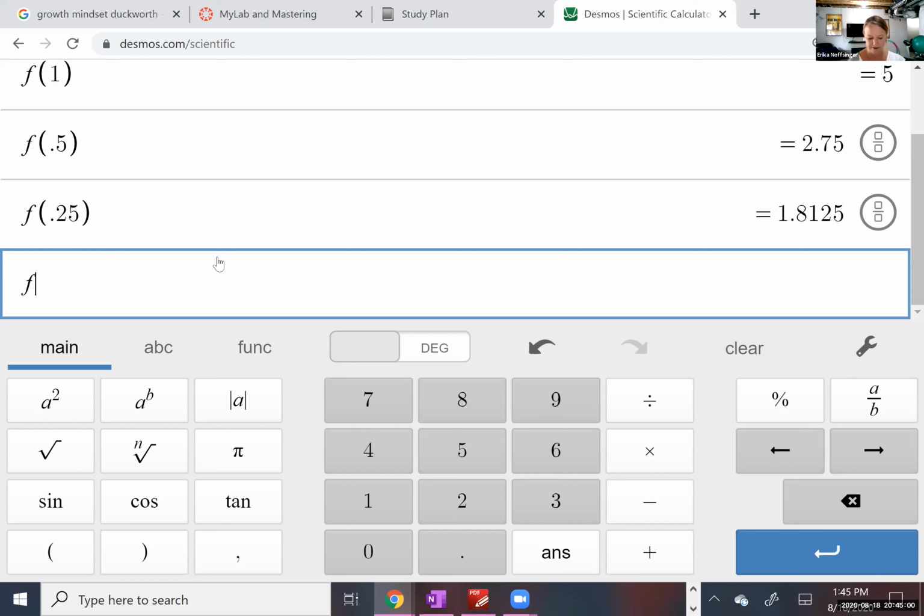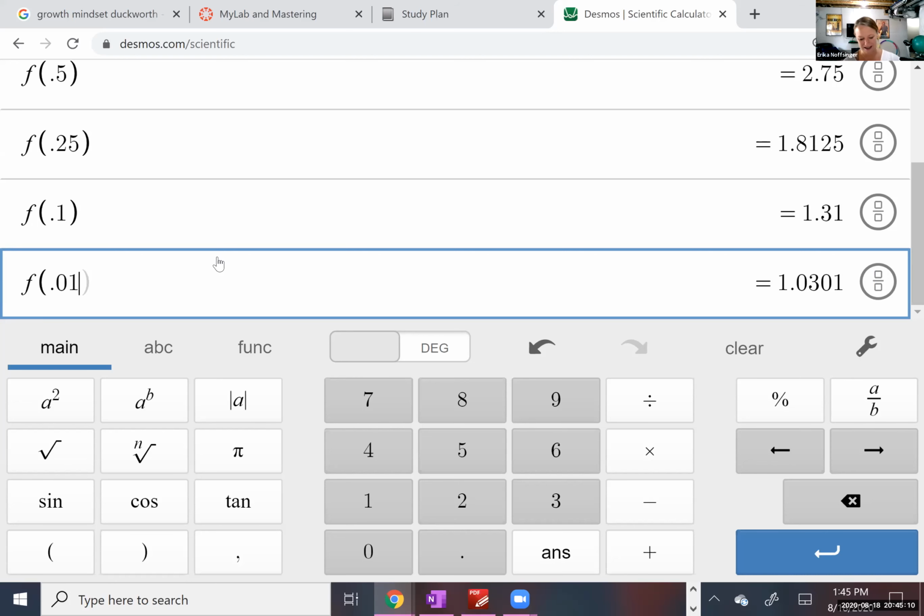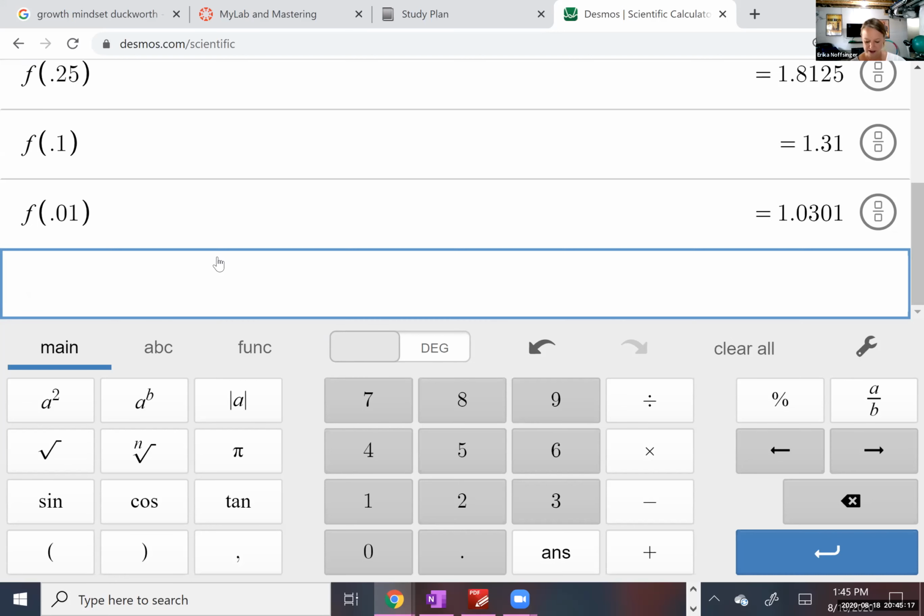If I do f of 0.1, that's 1.31. This is really tedious, having to go back in and plug that in and simplify each time. So 1.03 if I plug in a hundredth. If I plug in a thousandth, actually I went too far for thousandths.